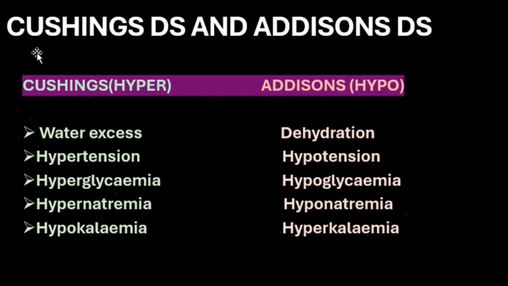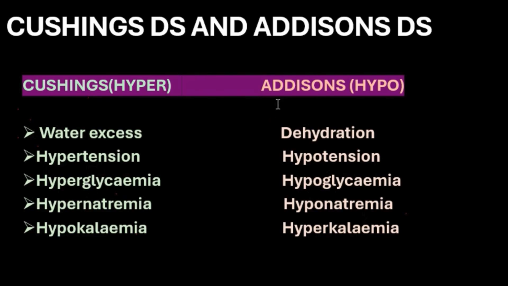Next we will see the contrast, because these two diseases, Cushing's disease and Addison's disease, have opposite characteristics. Cushing's is hyperactivity and Addison's is hypoactivity. In Cushing syndrome, there is water excess. On the opposite side, in Addison's, it is dehydration. In Cushing's it is hypertension and in Addison's it is hypotension.